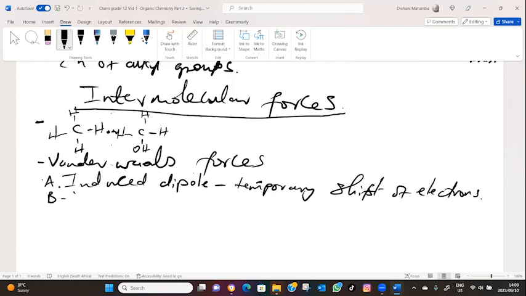Then there's the dipole-dipole. So with dipole-dipole, it happens when there's a slightly positive and a slightly negative side of the molecule.